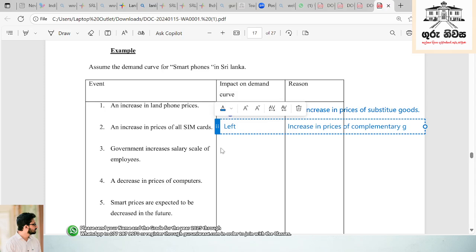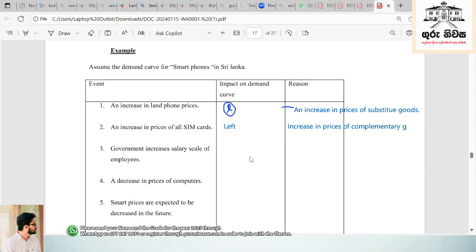All employees are given high salaries. Then you say increase because everyone can afford it. Then it's talking about consumers' income. If consumers have a higher level of income, definitely they will buy more mobile phones. So the demand curve of smartphones will shift to the right side, write down.